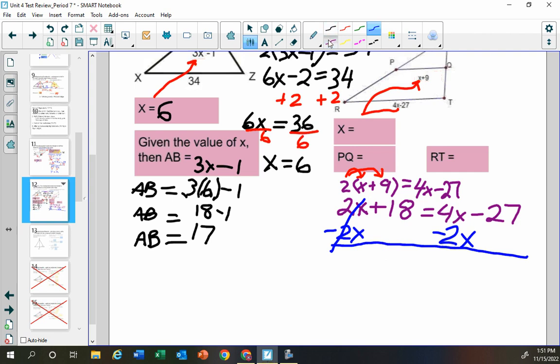Then you have 18 equals, what's 4x minus 2x? And then, what's our next step? Rob? Plus 27. Plus 27.